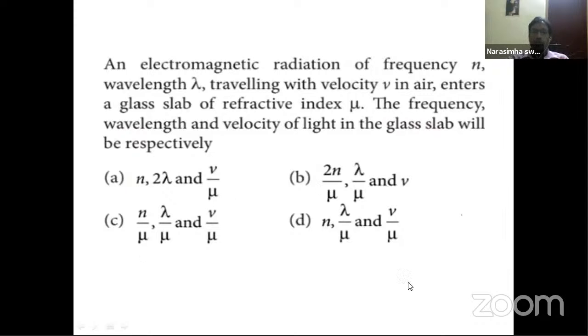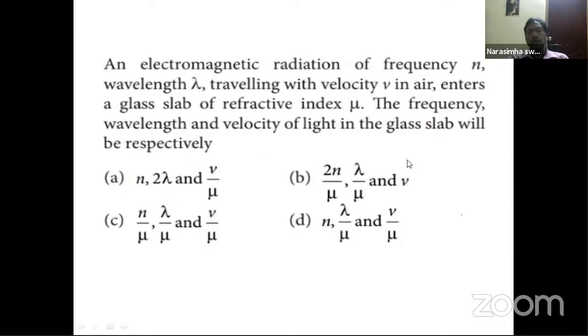The four options. What is the situation here? While the ray is moving in the glass slab, what happens? What will the relations be? Three relations are given: frequency separate, wavelength separate, velocity and refractive index separate.